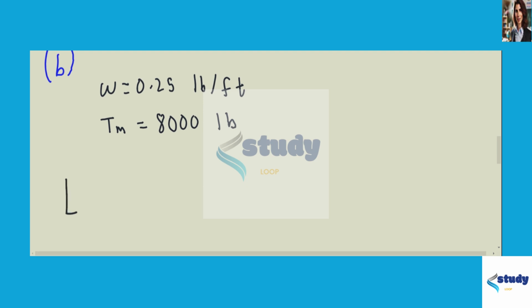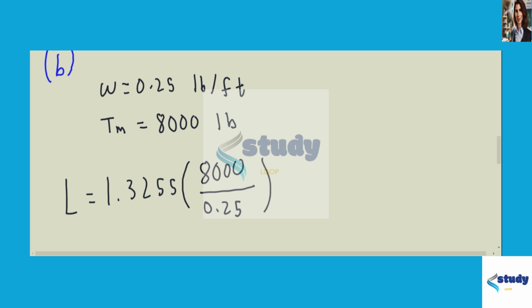So L is going to be equal to 1.3255 times 8,000 divided by 0.25, and that will give us a length that's equal to 42,416 feet.